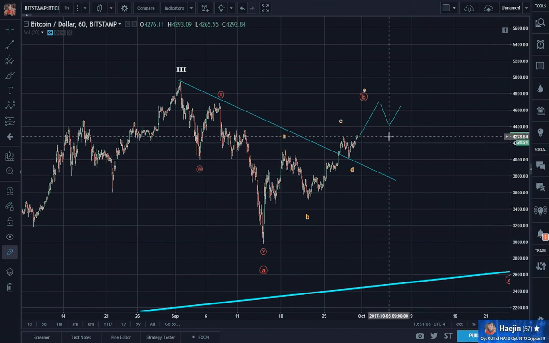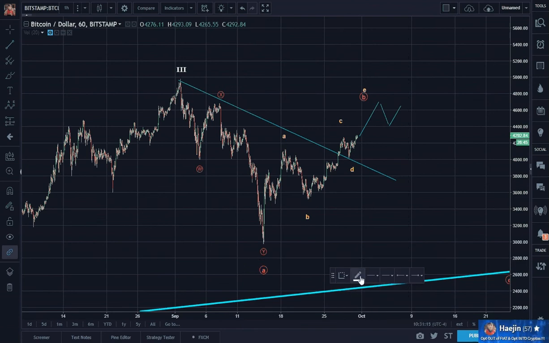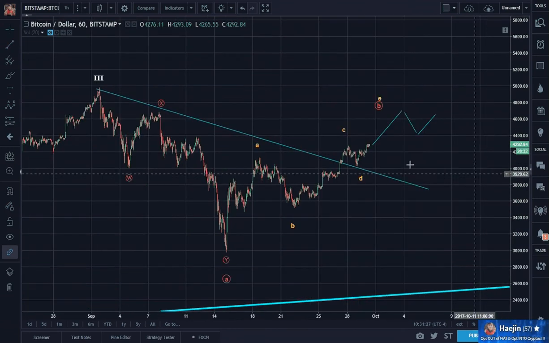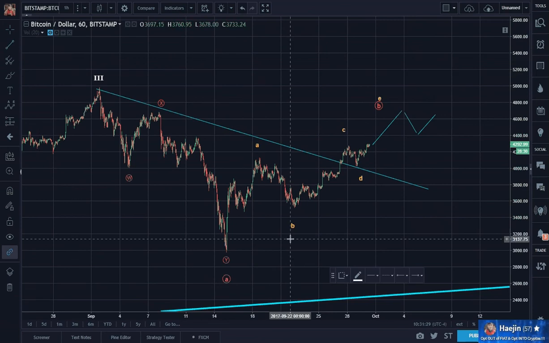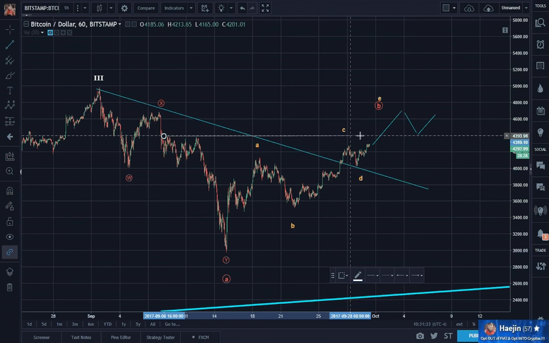Is it too late to ladder now? Absolutely not. You can ladder like so. Let's say I wanted to ladder in right now. I would find this support zone and now slightly a bit of resistance.